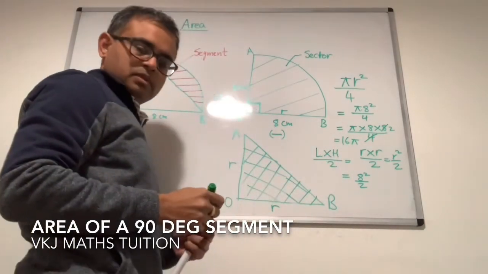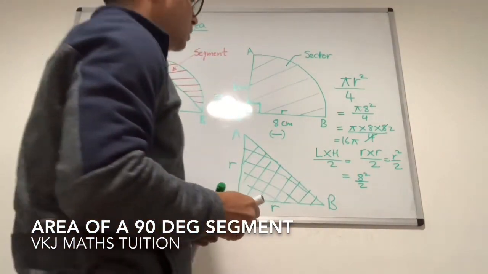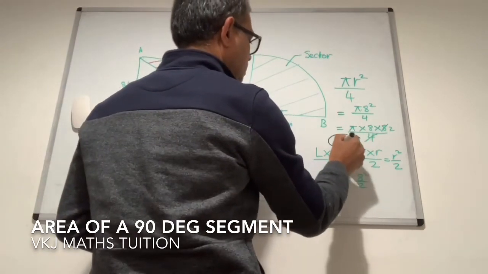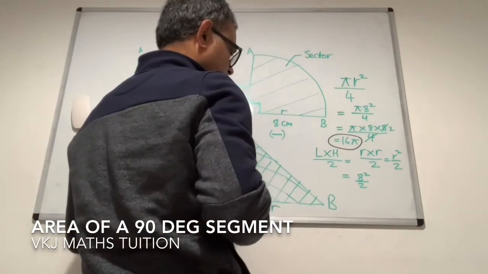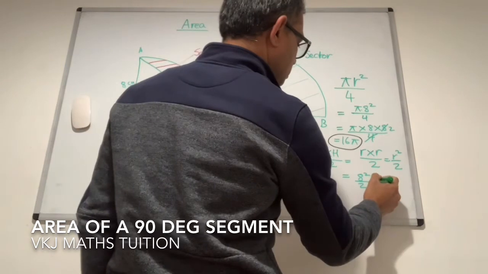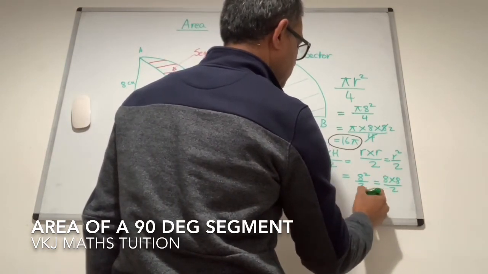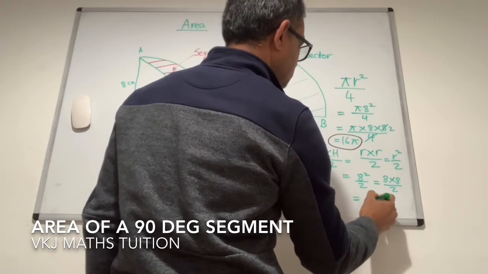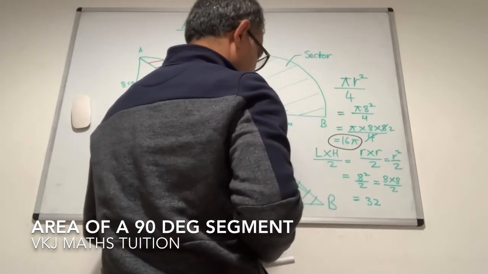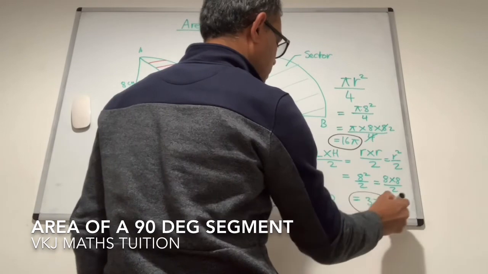Yeah. This 16 pi, this one is for the sector. And for the triangle, what did you get? 8 into 8 divided by 2, and that comes out to be 32. So the area of the triangle comes out to be 32.